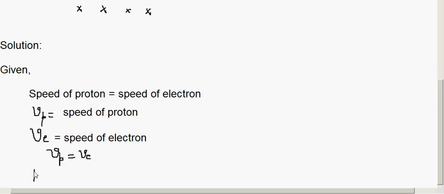Let us say they enter the magnetic field where B is the field intensity.